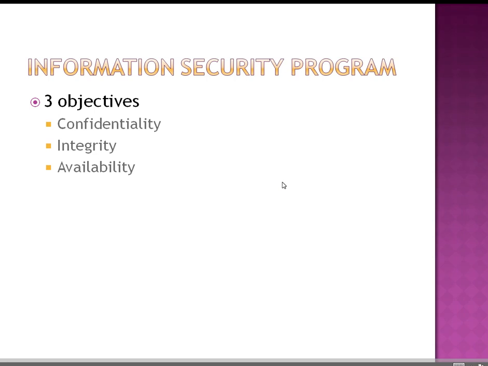And there is another one, authenticity, which means verifying that users are who they say they are and that each input arriving at the destination is from a trusted source. For example, a sender sends a message along with a digital signature, which was generated using the value of the message and a private key.